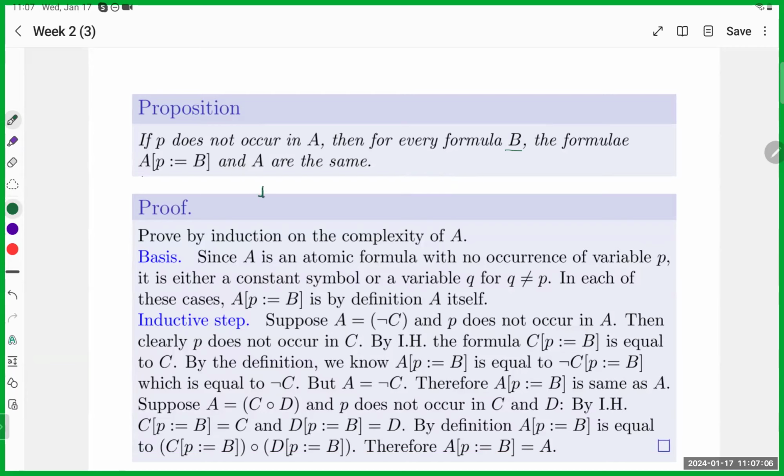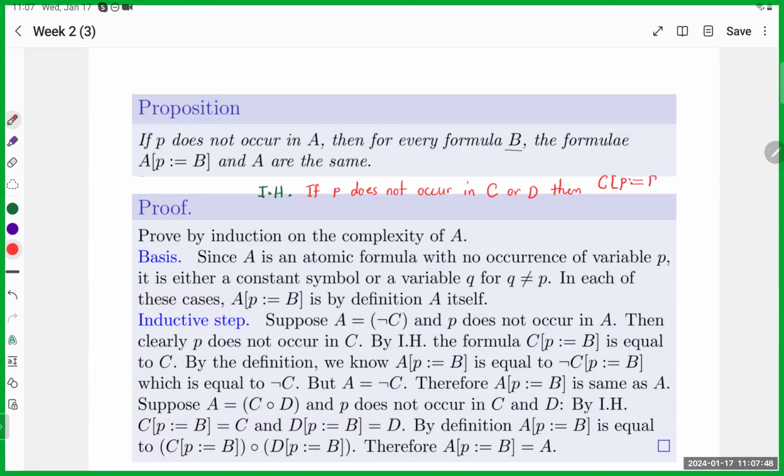That means the inductive hypothesis is that if P does not occur in C or D, then, okay, this is a little bit bad way of writing this, but I just wrote it anyway.